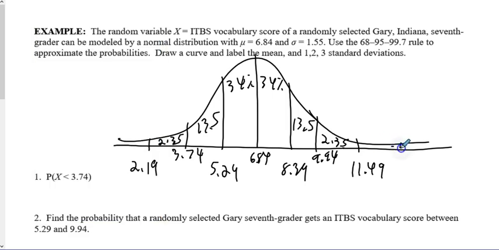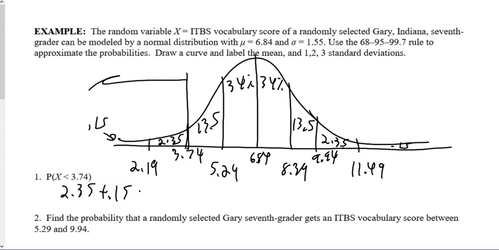So under here, there's 0.15 and 0.15. Tiny amount. Extreme, extreme. Now, it says, what is less than 3.74? Well, that's everything left of that. So 2.35 plus 0.15 is 2.5%. So you only expect 2.5% of the students to be below 2 standard deviations.